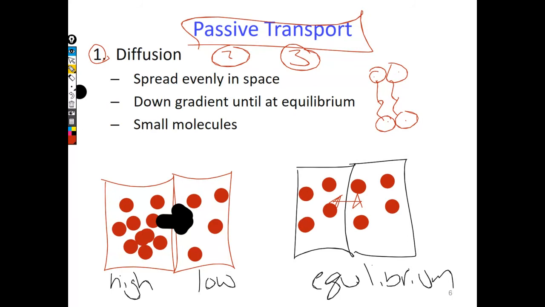Okay, so simple diffusion takes advantage of this fact. And so it's going to utilize the power of very small molecules, okay, something like oxygen or carbon dioxide.